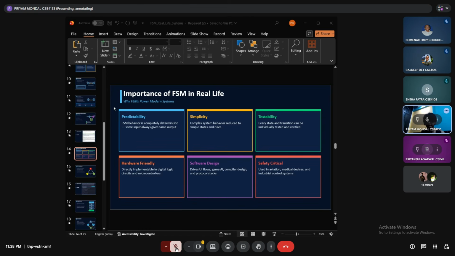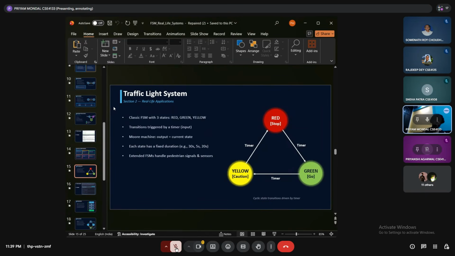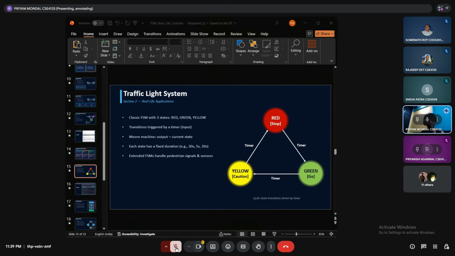And finally, it is safety critical, meaning it is used in aviation and medical devices, which is important for a nation. Now I will explain an example, that is the traffic light system. This is the most basic real life example of FSM.